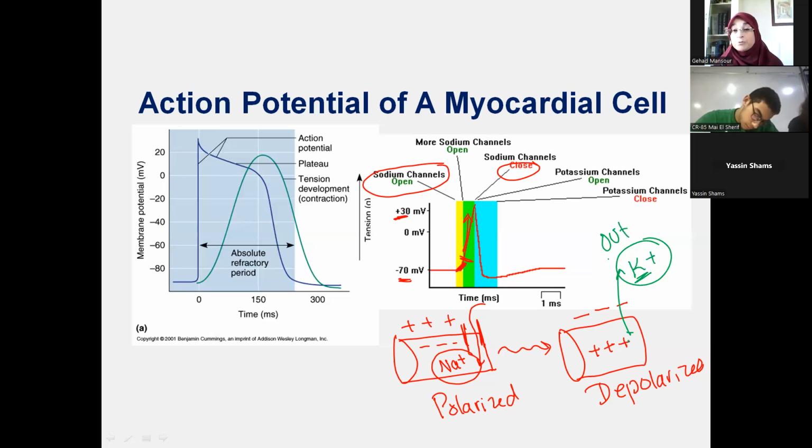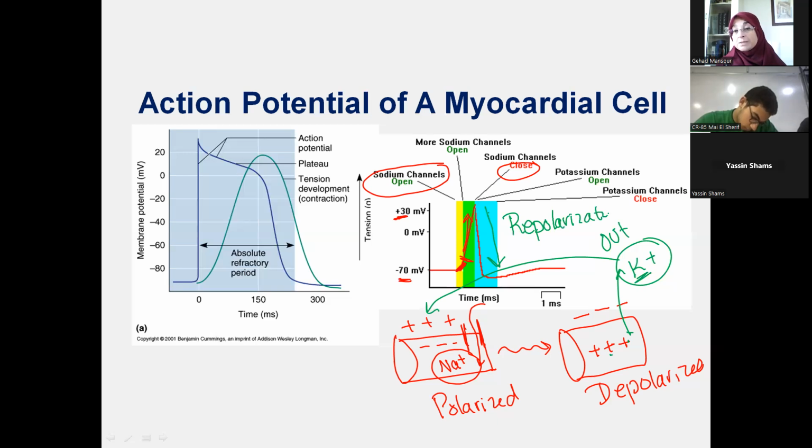When it passes outwards هيرجعني تاني لأصلي، هيخلي البوزيتيف يزيد تاني outside. The positive charge will increase outside and will diminish inside and we will return again to the polarized state. وبالتالي بنسمي this repolarization.